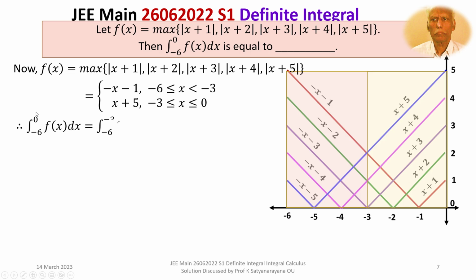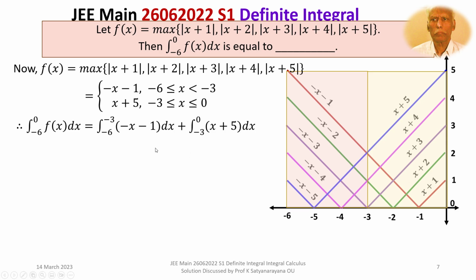The integral from minus 6 to 0 of f of x is broken into two pieces. The first integral is from minus 6 to minus 3, where the maximum is minus x minus 1, with respect to x, plus, in the interval minus 3 to 0, the integral of x plus 5 dx. This is the maximum in this interval.